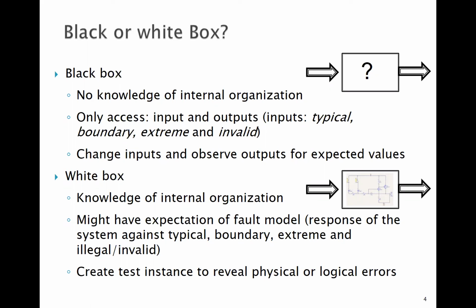We have to try the system by applying all these types of values at the input and try to understand how the system responds to these inputs. So simply we change the input and observe the output for some expected values. We do not know about the content or the internal structure of the system.